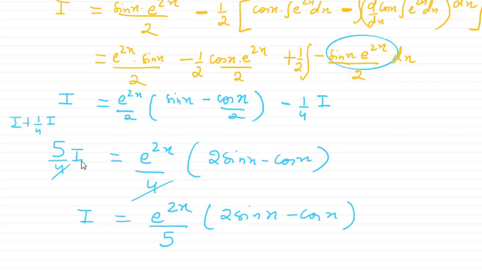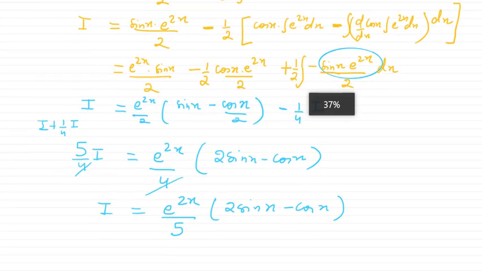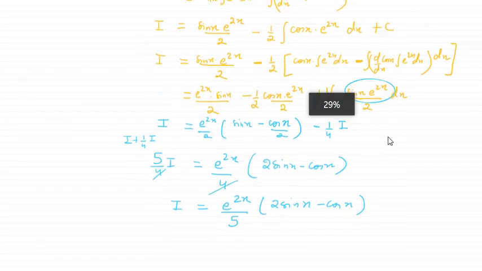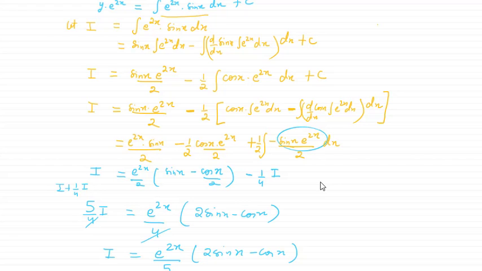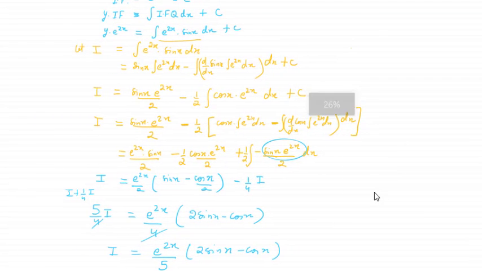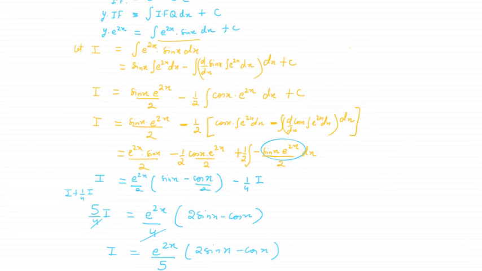And then now you can take this value back in the equation, which was, let me show you the equation. So here it is. So the equation was this y into integrating factor.